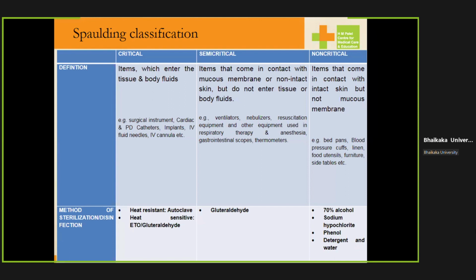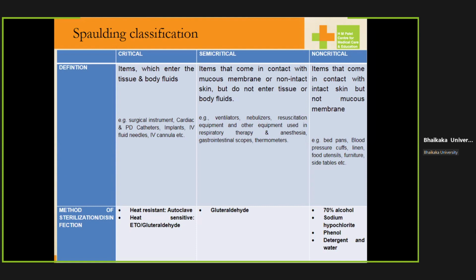That item is called a semi-critical item. Your endoscopes, the scopes that enter into your gastrointestinal tract to visualize any pathology present over there, they are coming in contact with the mucous membrane only. They are not penetrating mucous membrane. So therefore, any items that are coming in contact with mucous membrane are basically considered as semi-critical items.